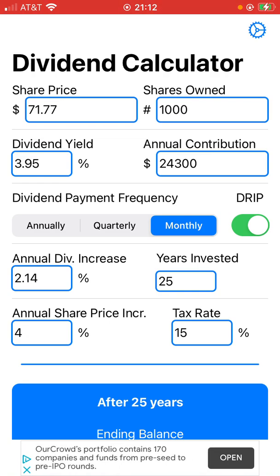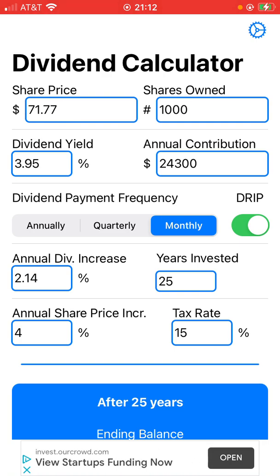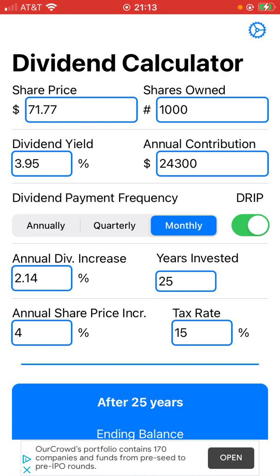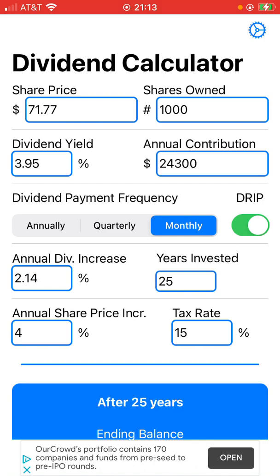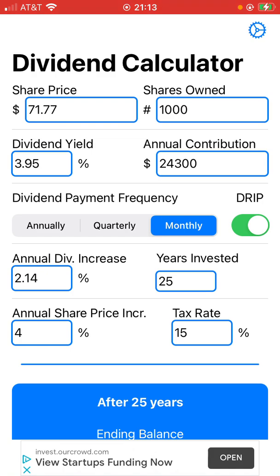But for right now, we own 1,000 shares of O, the Realty Income company, or monthly dividend company, at $71.77, and we say, okay, we want to leave the rat race behind and, in 25 years, become millionaires. So let's start there. The yield, you can find this information on Yahoo Finance.